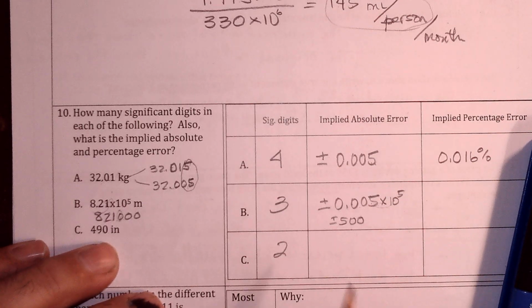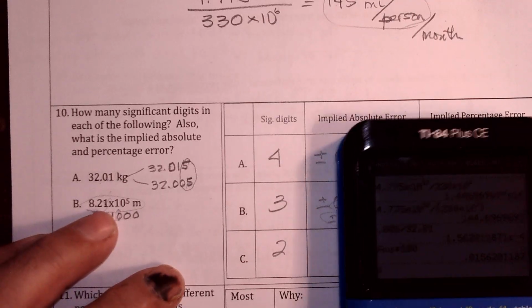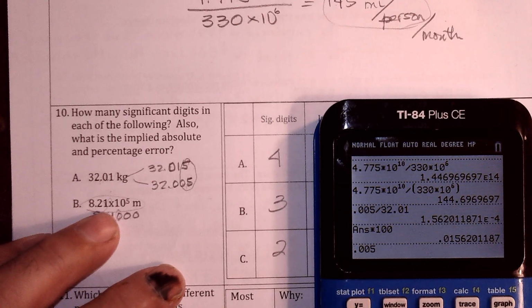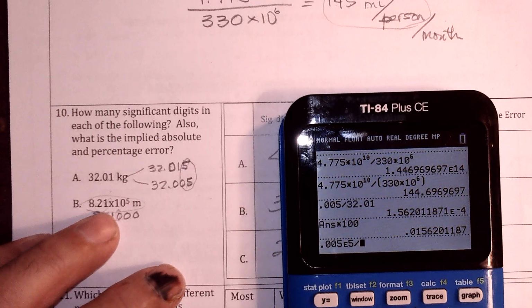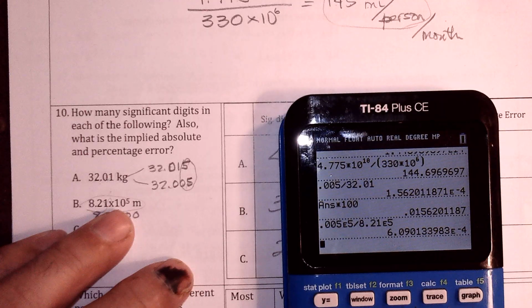So then to figure out the percentage error, we can take either one of these divided by the original number and get the percentage error if we take it times 100. So if I go 0.005 times 10 to the fifth divided by 8.21 times 10 to the fifth, and now the 10 to the fifths would have canceled, so I could have just done 0.005 divided by 8.21, but I get this number changing to percents by multiplying by 100.